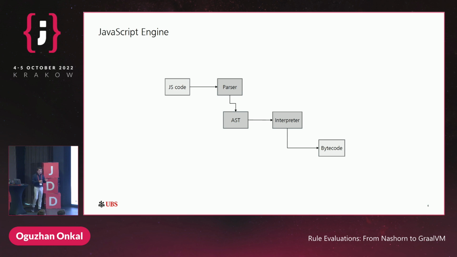This syntax tree is the representation of that code in terms of the conditions, variables, etc. And then this abstract syntax tree is interpreted and converted to bytecode. So this is, in general, how it works. Of course, depending on the JavaScript engine implementation, the flow will almost look like this, but there could be optimizers as well.